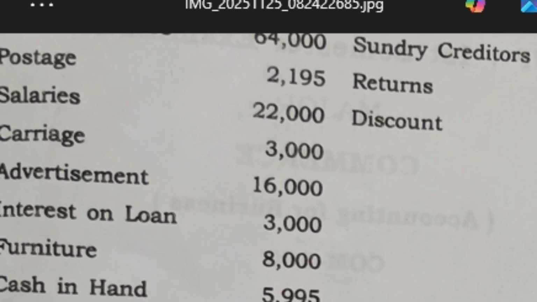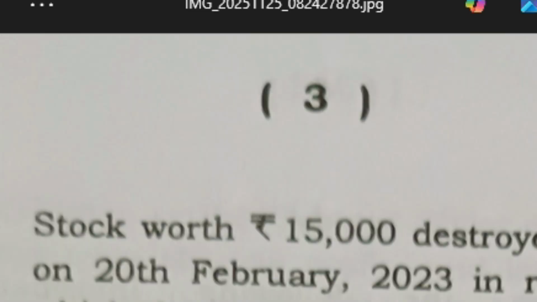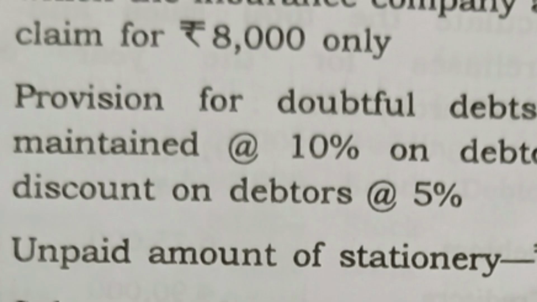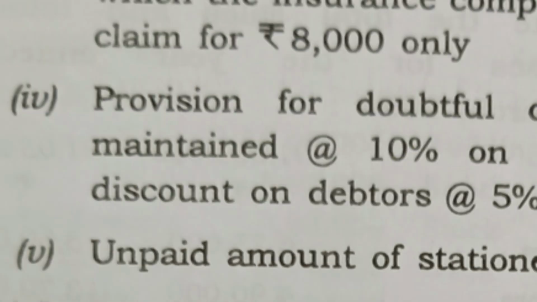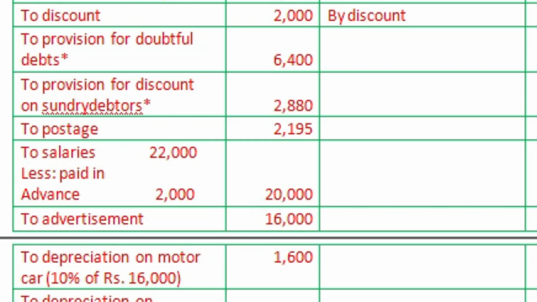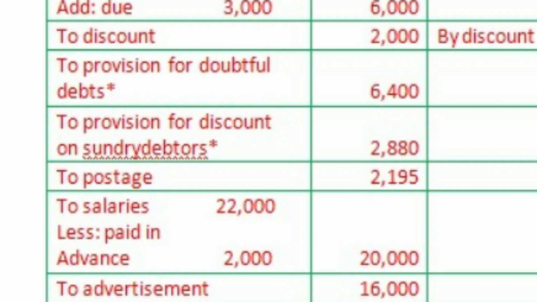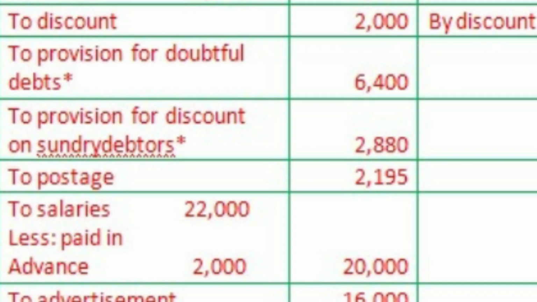So 10% of 64,000 is 6,400. Understood? This one, 6,400.